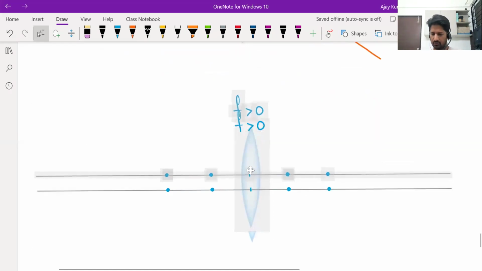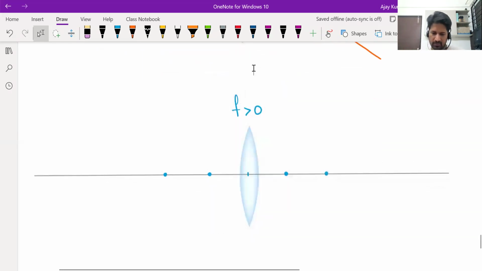We considered object beyond 2f. Now assume object is exactly at 2f from the lens. If object is exactly at 2f, again, basic ray tracing.